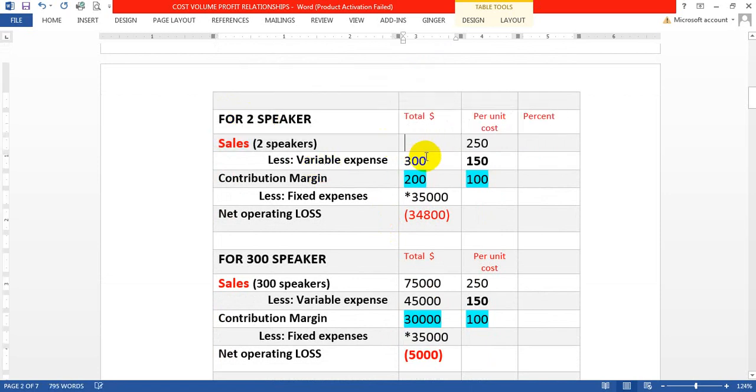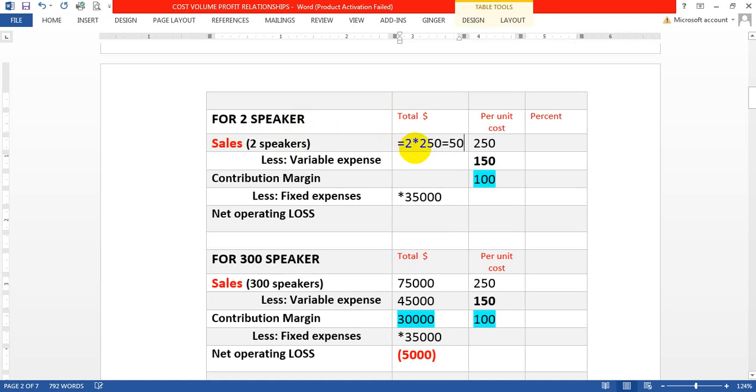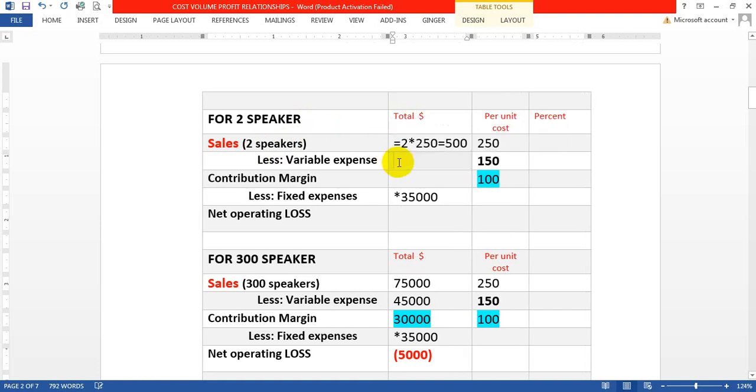Now I have prepared this for 2 units, with the same cost per unit. 2 units multiplied by 250 equals 500, right? Variable expense equals 150 multiplied by 2 units equals 300.